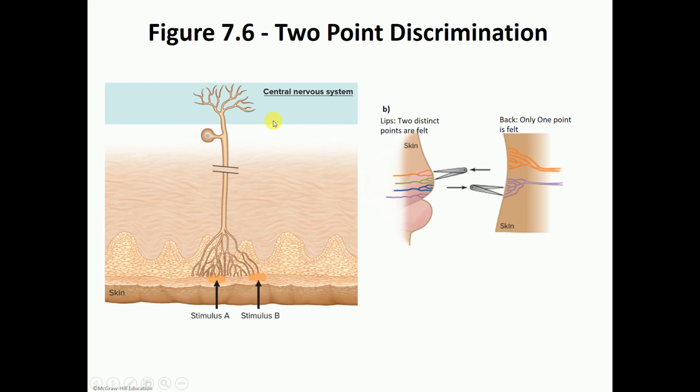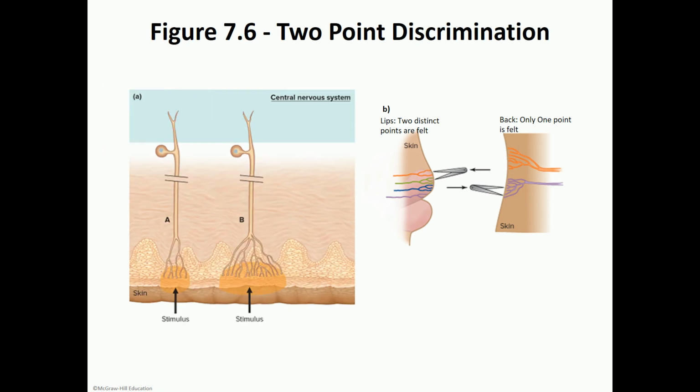You can see that over here as well, where this is one sensory neuron. That's the skin again. Whether you're stimulating point A or point B, both of them will stimulate the same sensory neuron. So you would have that very low ability to discriminate between the 2 points. And this is what happens in the case of the back.